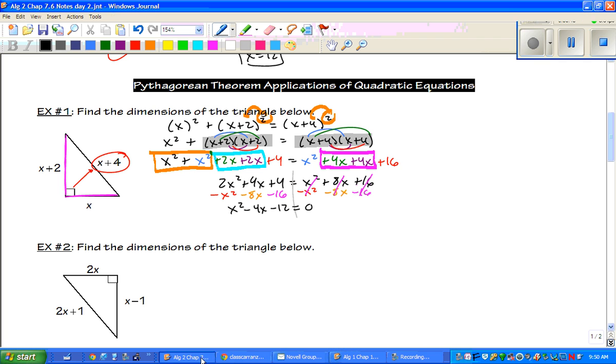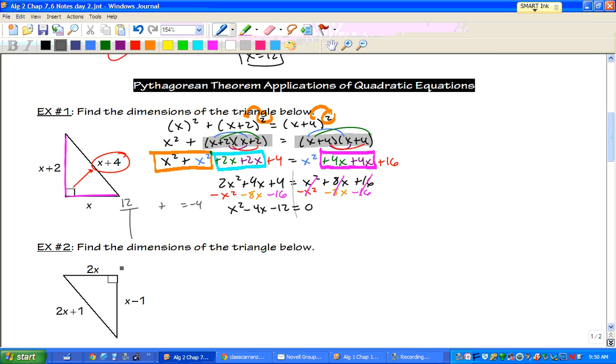Okay, so you are looking for numbers that add up to get to negative 4 and multiply to get to negative 12. Right? The group that works is 2 and negative 6.